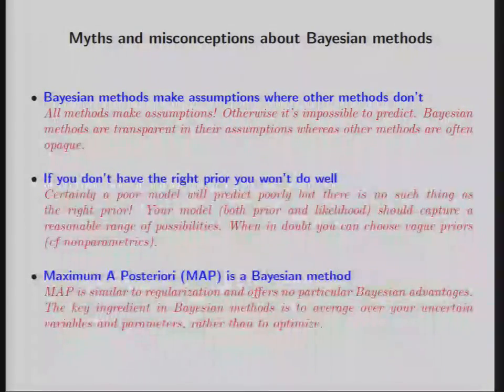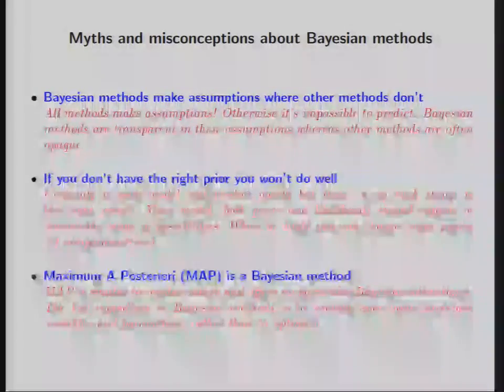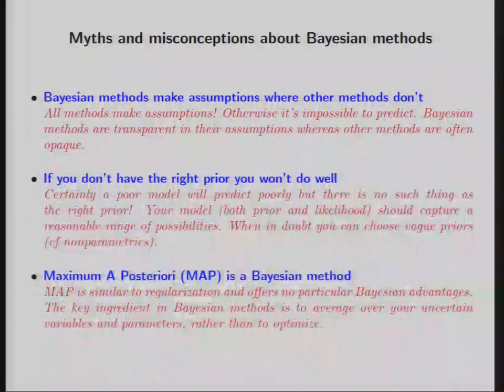So one of them is that I sometimes hear people who are maybe perhaps a bit naive about modeling say something like, oh, I'm not comfortable with Bayesian methods because you're making all these assumptions. I want methods that don't make assumptions. And I hear this surprisingly often.